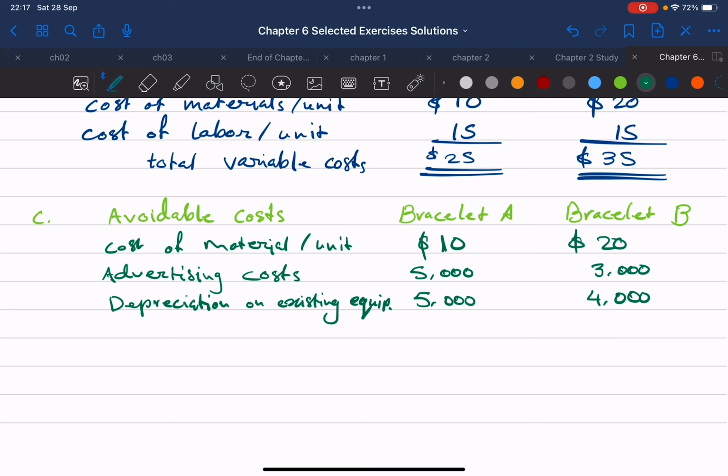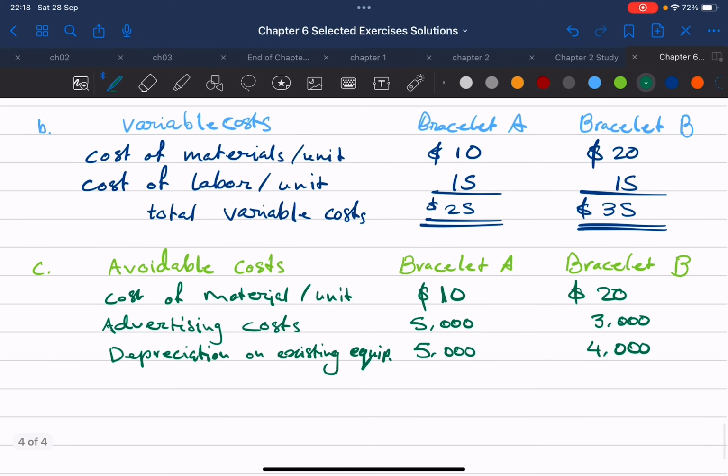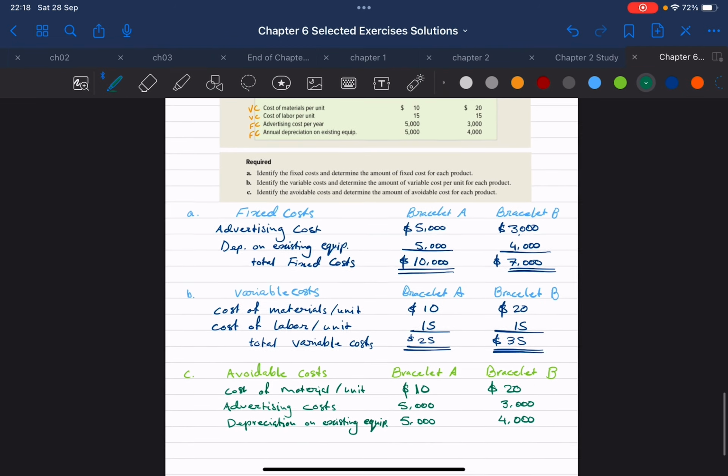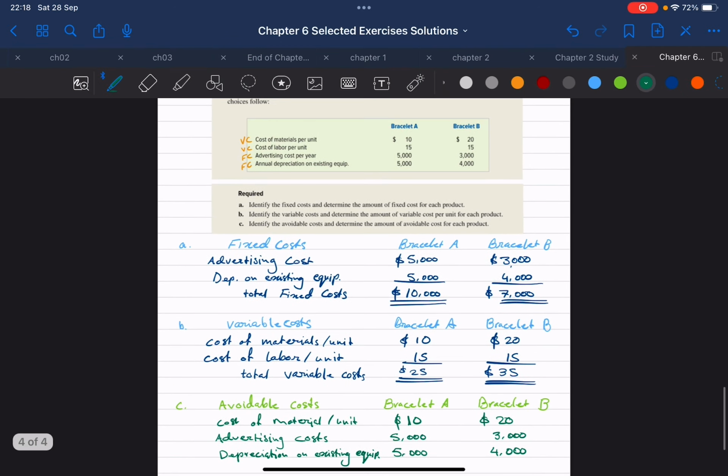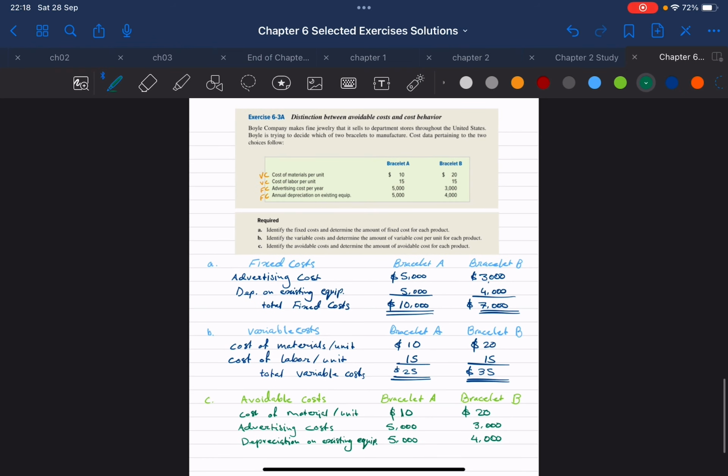That would be unreasonable. So we'll just keep the answer as it is, with the list of avoidable costs and each cost item with its actual cost under each of the two alternatives. Okay, that would do it for this exercise. That would be the answer for the whole exercise.